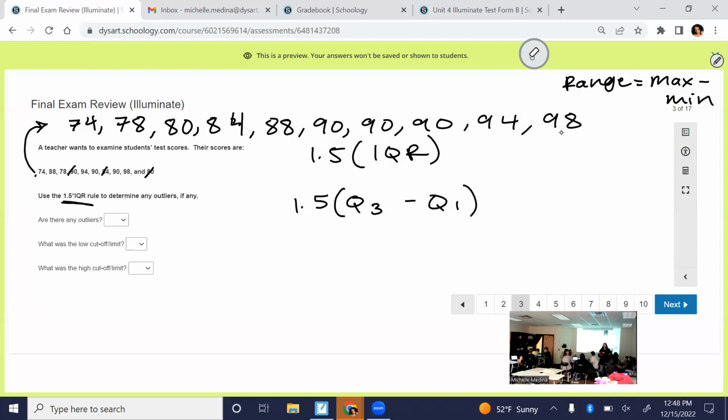But median, the middle of the entire data set, is going to be, sorry, I don't know off the top of my head. I have to go left, right, left, right. And look, we have two numbers in the middle. What happens when you have two numbers in the middle? So 88 plus 90 divided by 2.